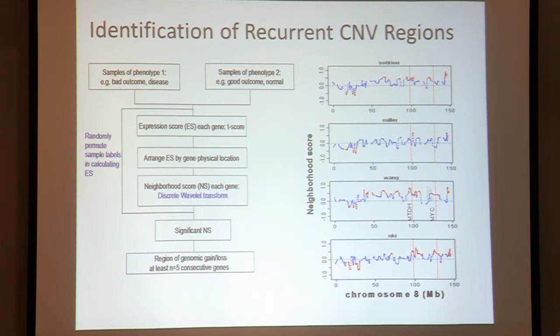So you can see here certain regions are conserved across 4 different studies. So the goal for us is to identify those amplified or deleted regions across 4 different studies of breast cancer. This work was carried out by my former postdoc Lin Chen, who is now a postdoc at UCLA.